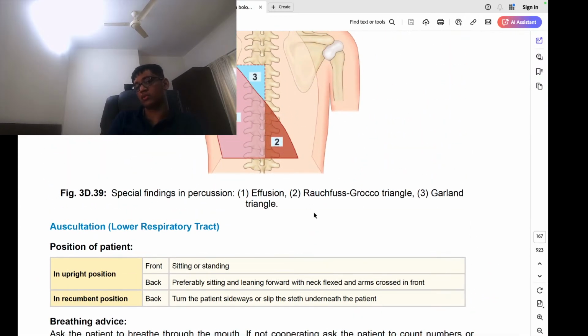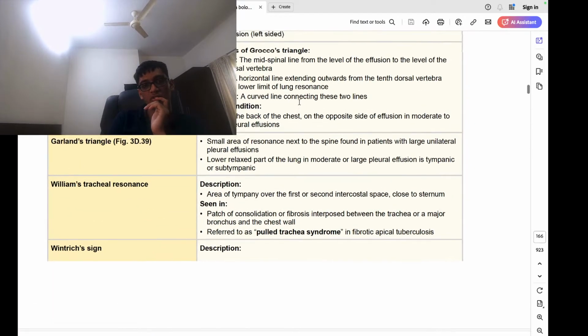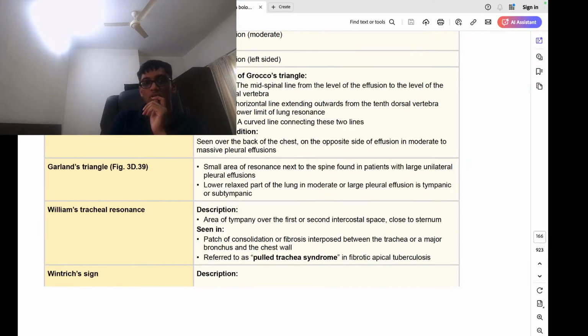The only thing is effusion, need to do Grocco's triangle. Grocco's triangle is this part, and what is the horizontal limit? Along the lower limit of lung resonance.